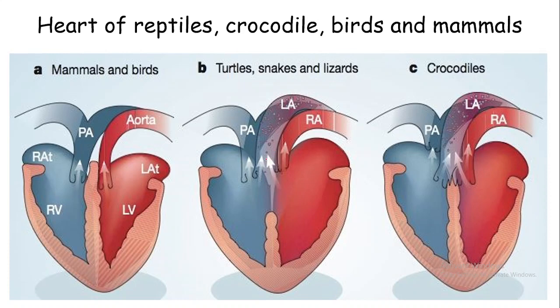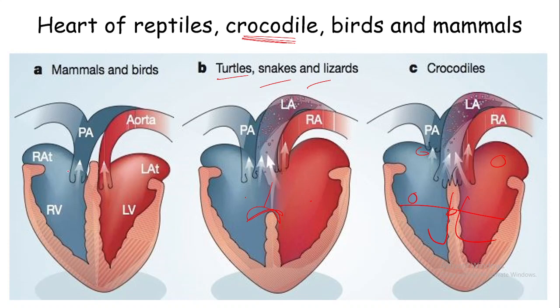In the reptiles, like turtles, snakes and lizards, they have an incomplete ventricle, an incomplete septum of the ventricle, so they have a partially four chambered heart. The crocodiles, on the other hand, have a proper four chambered heart with auricles and ventricles that are properly separated.